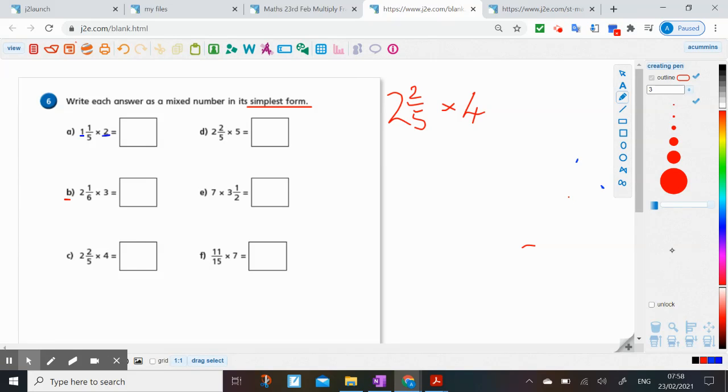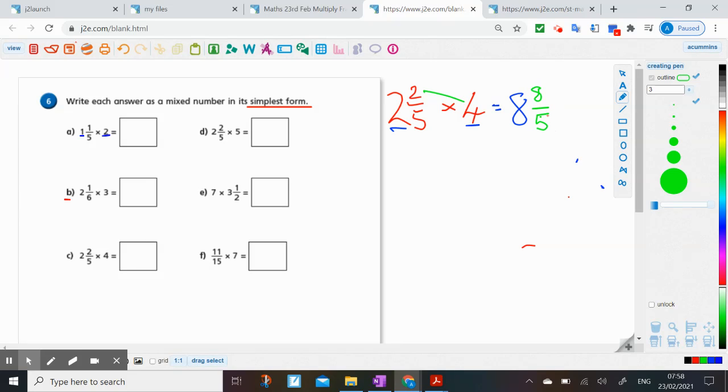Okay, I'll assume again, if you're watching this, you've had a try for yourself. Okay, so let's do our whole number first. So 2 times 4, of course, is 8. And now we're going to do the fraction. So 2 times 4 is also 8, and we stay in fifths.